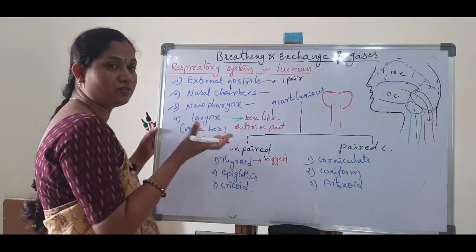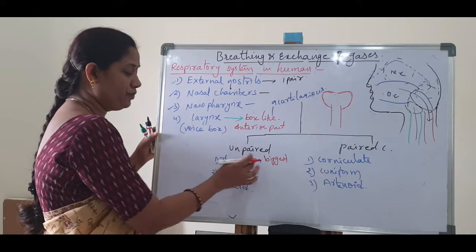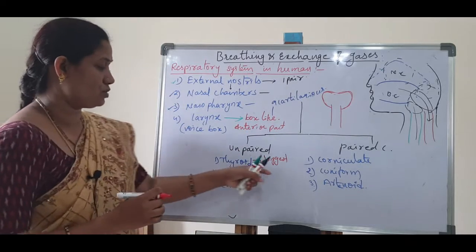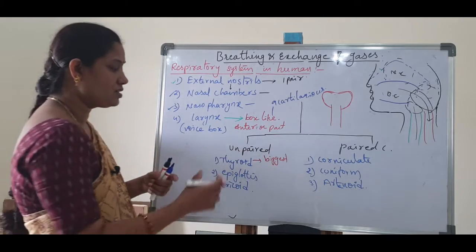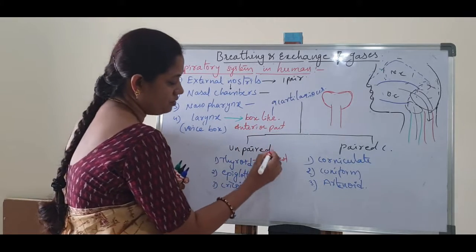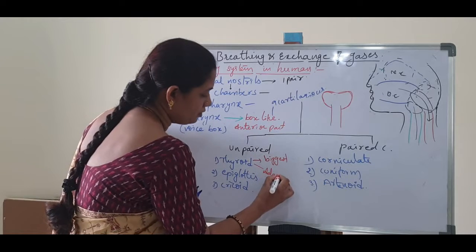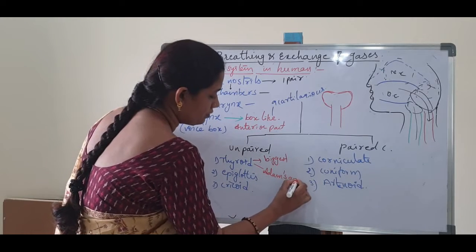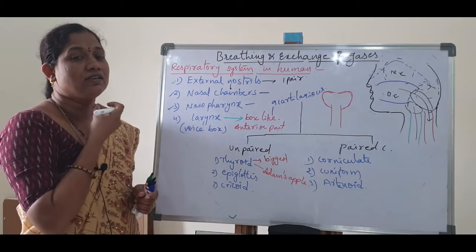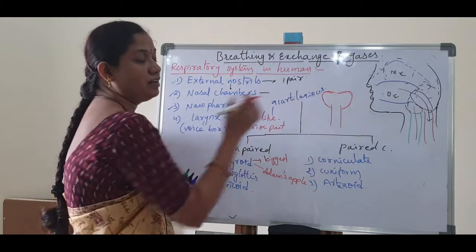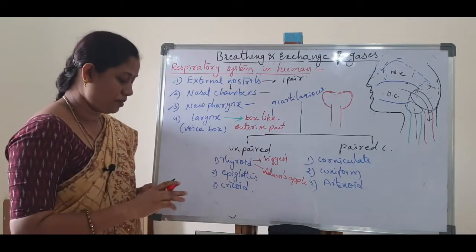Most of the larynx is made up of thyroid cartilage, which is why it is the biggest cartilage. On the ventral side, it forms the Adam's apple. So the ventral side of the thyroid cartilage is called the Adam's apple.